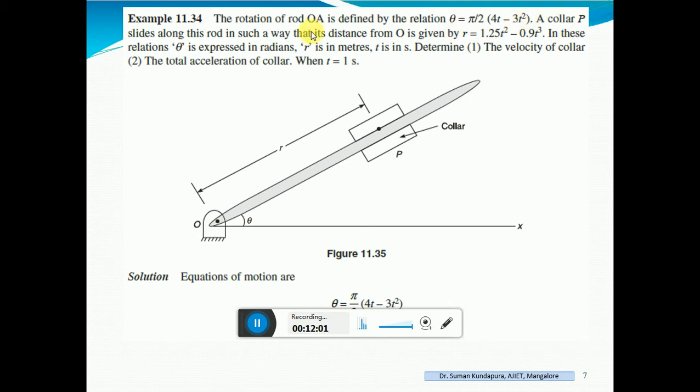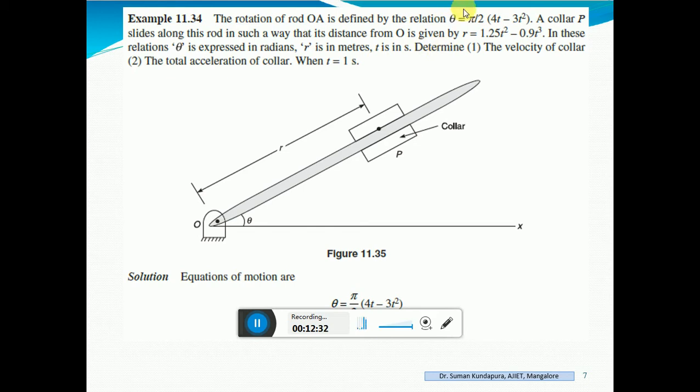A collar P slides along this rod in such a way that its distance from O is given by r equals 1.25 t squared minus 0.9 t cube. In these relations, theta is in radians, r is in meters, t is in seconds. Determine the velocity of the collar and the total acceleration of the collar when t is equal to 1 second.